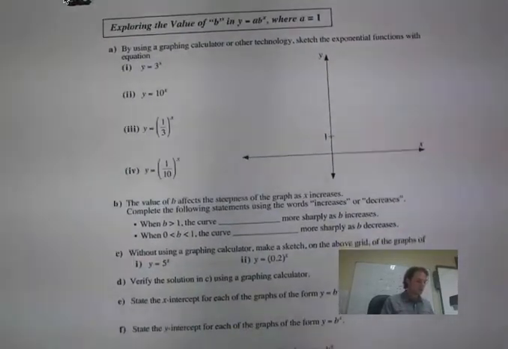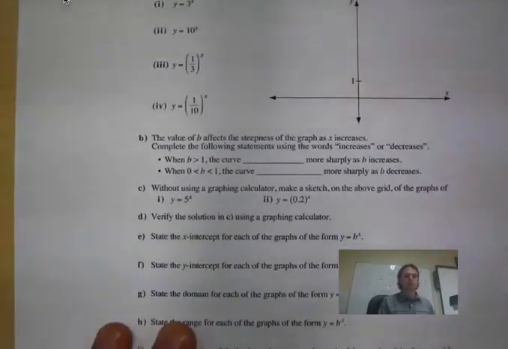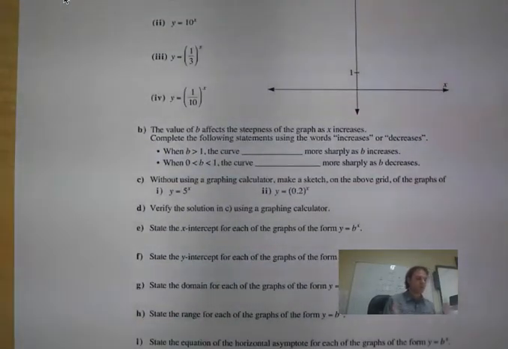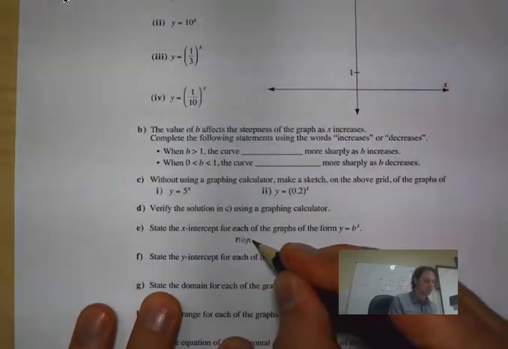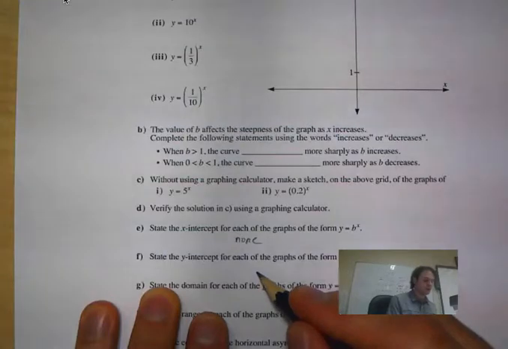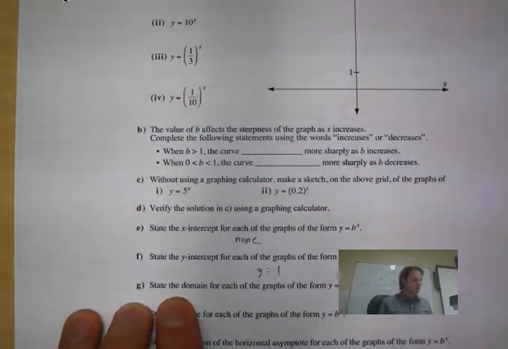Okay, so here we go, exploring b. The x-intercepts for b, there are no x-intercepts. No matter what, as long as we have b, there are no x-intercepts, because the asymptote is there. Y-intercepts for each is at 1. State the domain of each.